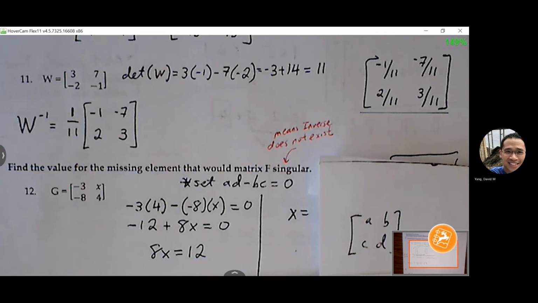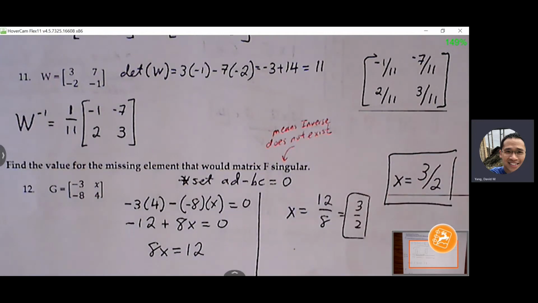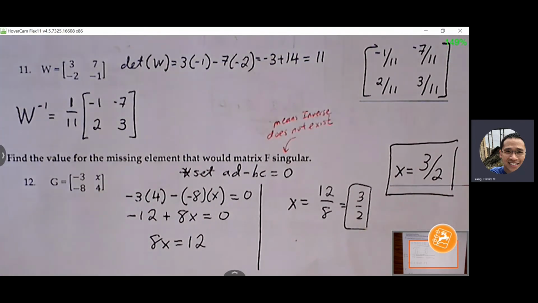Yeah, that's the cleanest way to do it. Otherwise, you're just having to go through guess and check, and that's not as efficient, right? What's X going to be equal to? So sometimes it may not end up being a nice whole number. It may have to be a fractional value in order for that AD minus BC to work out to be 0. So we just make our equation do that work for us.